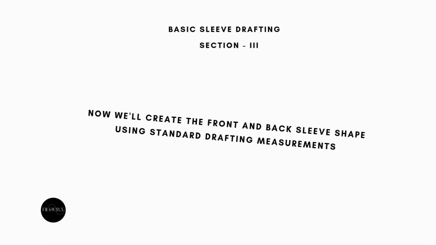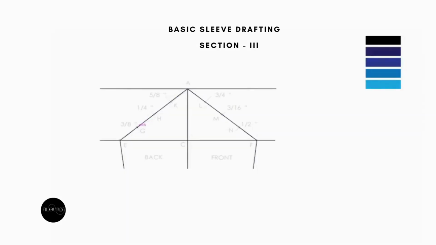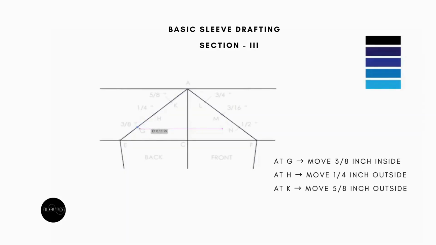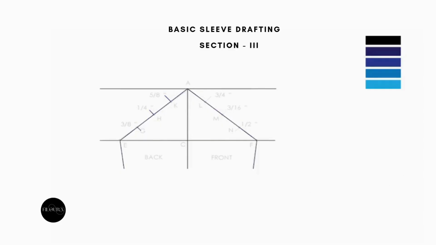Now in section 3, create the front and back sleeve shape using the standard drafting measurements. At point G, move 3/8 inch inside. At point H, move 1/4 inch outside. At point K, move 5/8 inch outside.